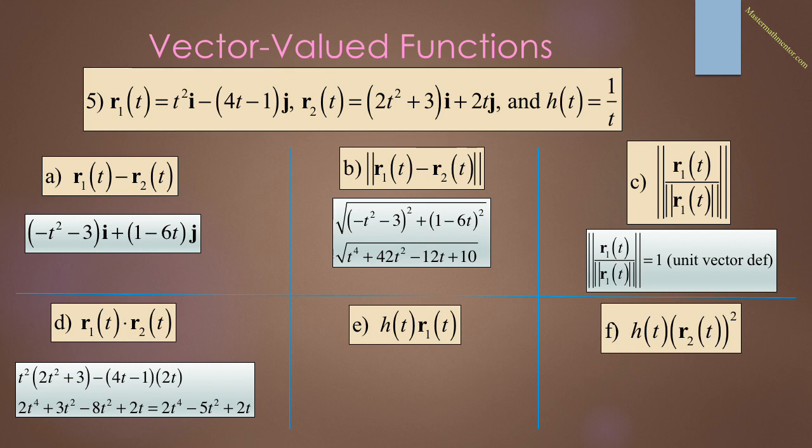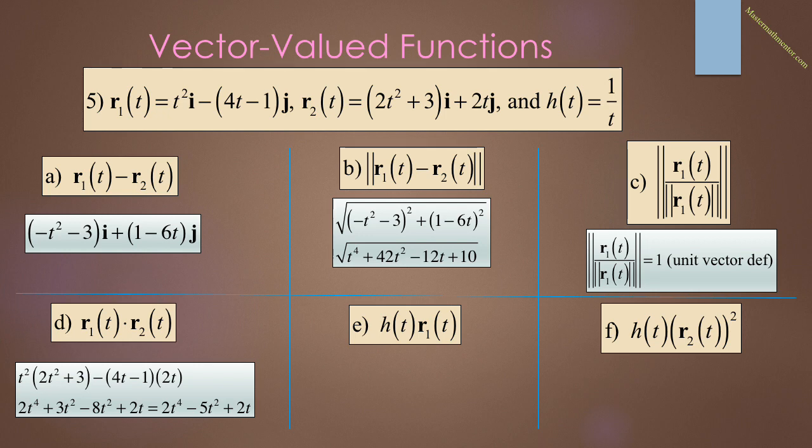D asks for r1 of t dot r2 of t. This is a dot product. And remember, a dot product is a scalar. So we multiply the i components and also the j components and take their sum. So our answer is t squared times (2t squared plus 3) minus (4t minus 1) times 2t.